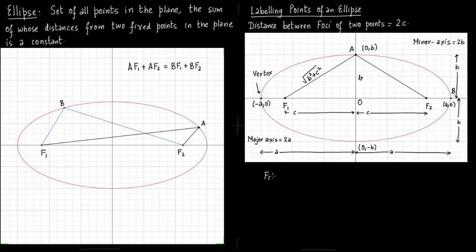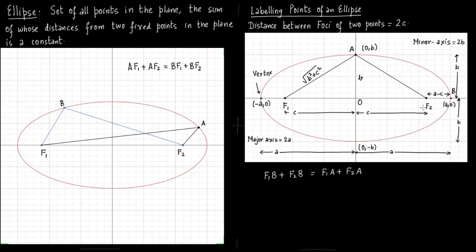So let us show the distance. F1B plus F2B is equal to F1A plus F2A. This holds from the definition of an ellipse, because A and B are two different points on the ellipse.